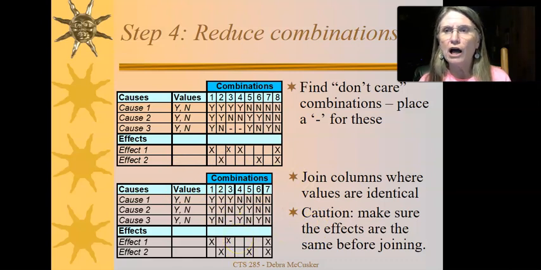So we're joining columns where the values are identical and including items that are don't care conditions. Now, the cautionary note is make sure absolutely positively that the effects are the same when you're collapsing the columns, because if they're not, then they weren't really the same, were they?